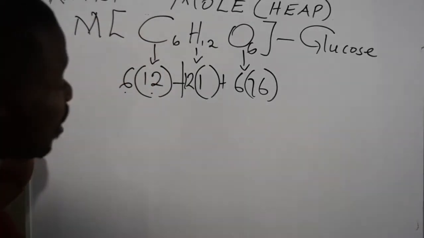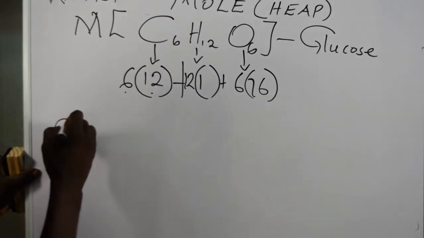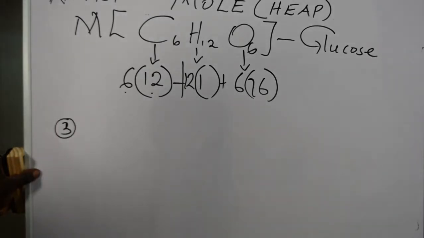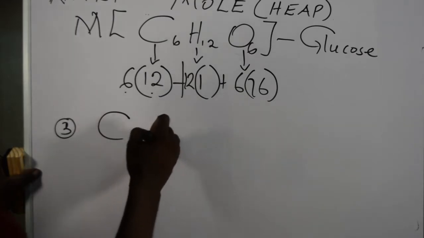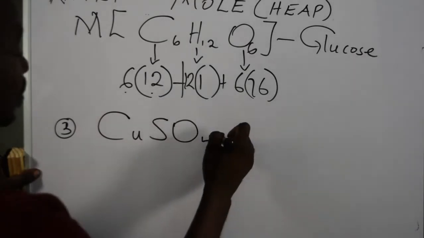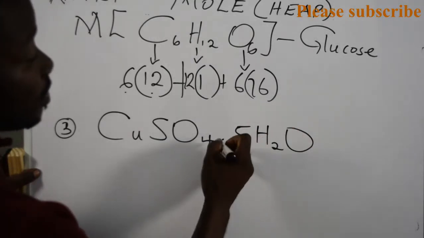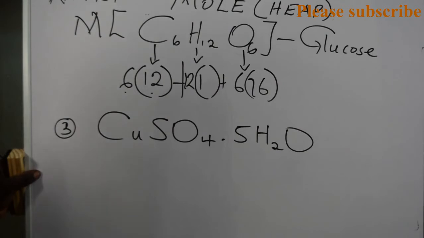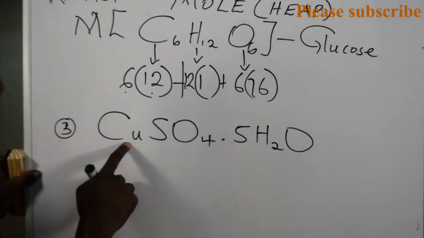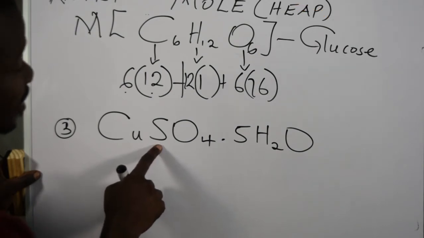Okay, so once you are doing it, I'll add another example. That will be the third example. Yes, this compound: copper 2 tetraoxosulfate 6.